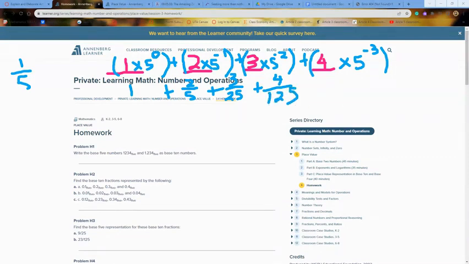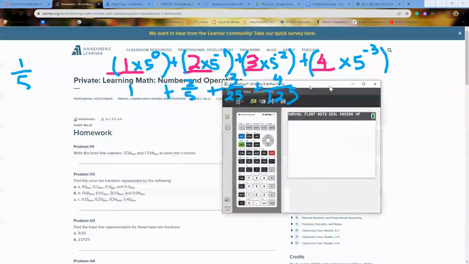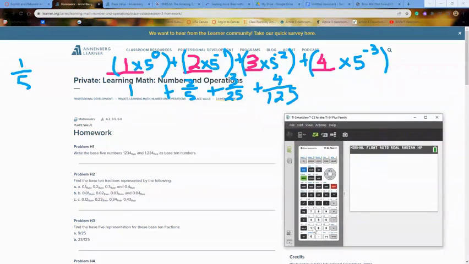Now, because we are in pre-algebra, and I teach pre-algebra and algebra 1, I'm going to use my calculator to add these fractions up because I really want to use my time wisely. Now, if you want to make them all common denominators, that is okay with me. But I just really want you to understand the process.